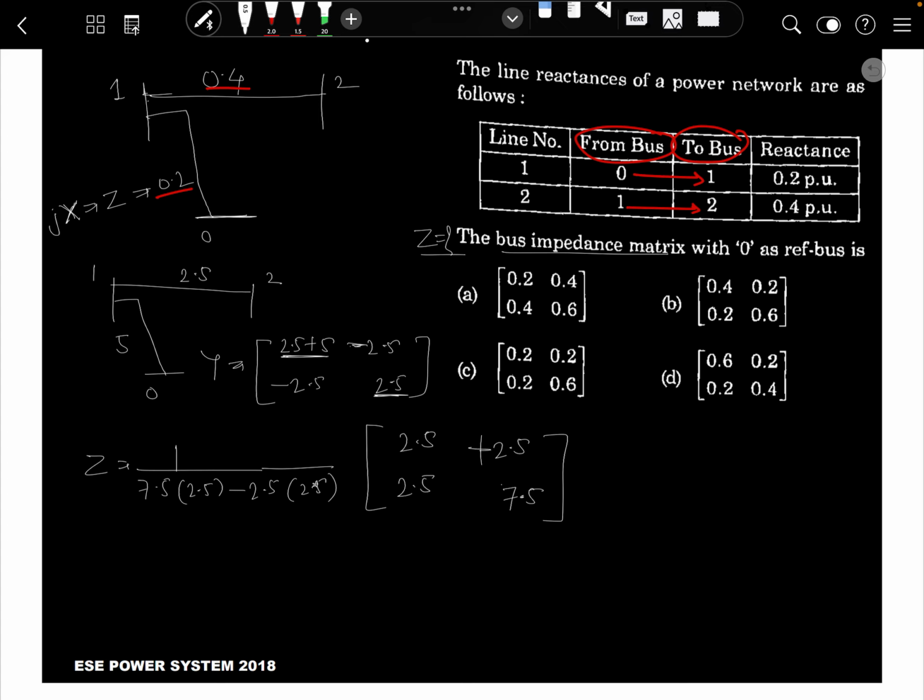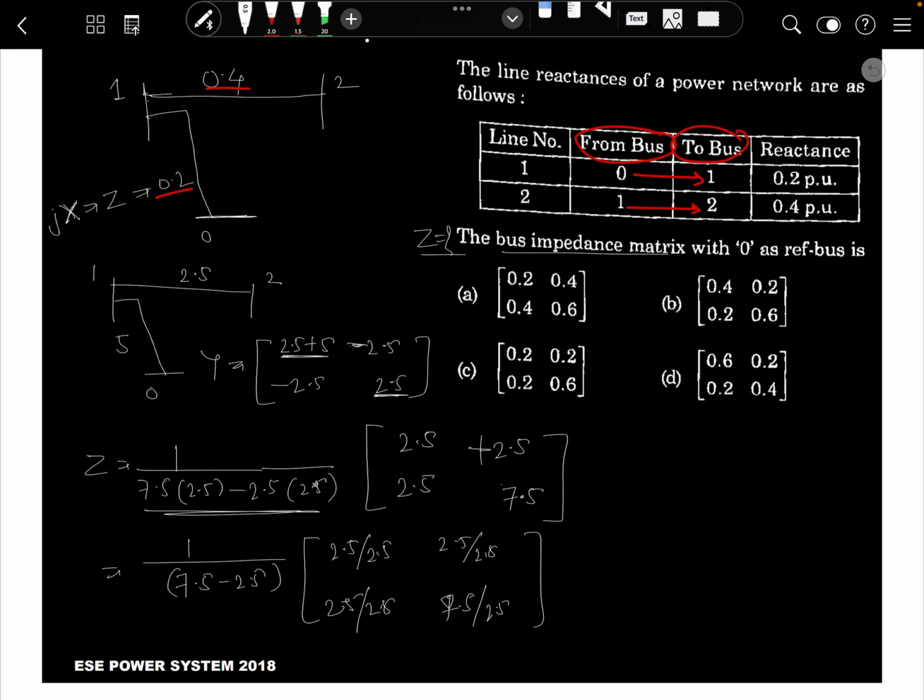Taking 2.5 common and dividing each element, at the end we get 0.2, 0.2, 0.2 and 0.6.